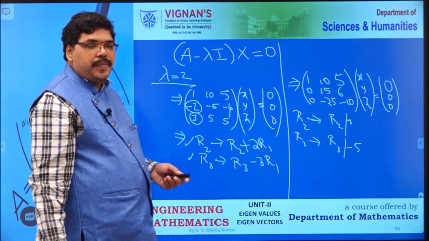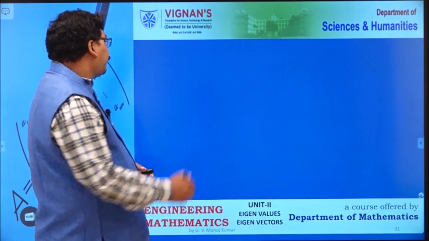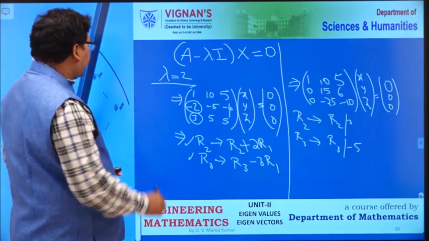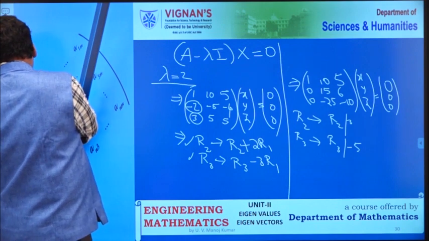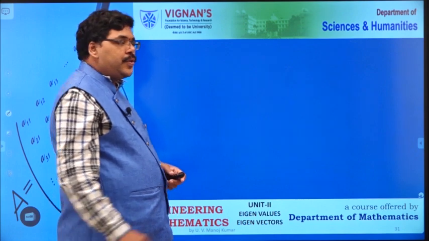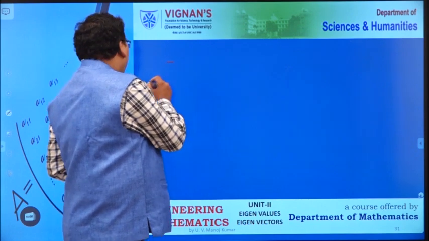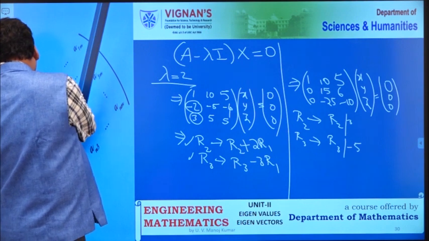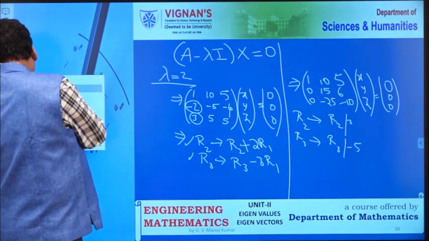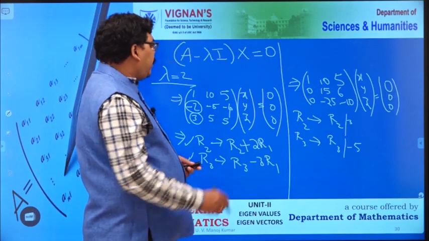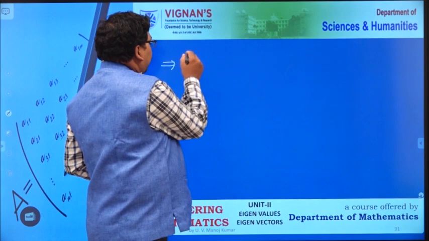So when I apply those row operations, I will get 1, 10, 5, first row no change.